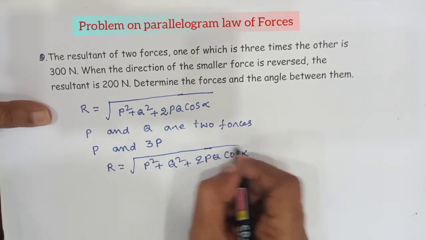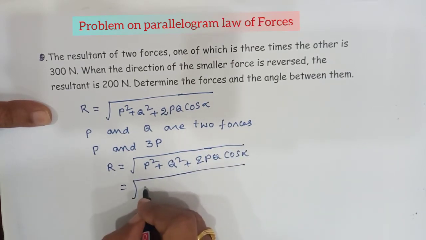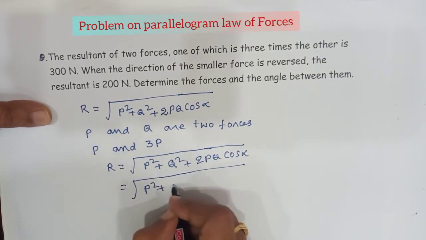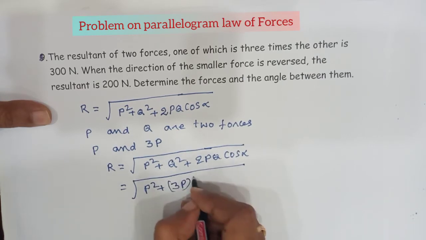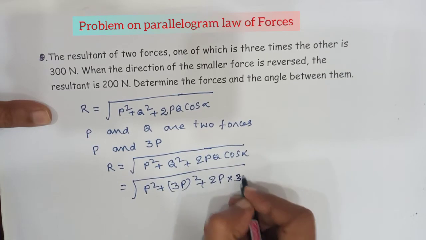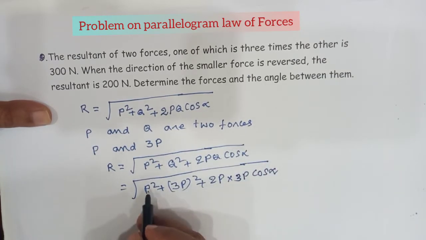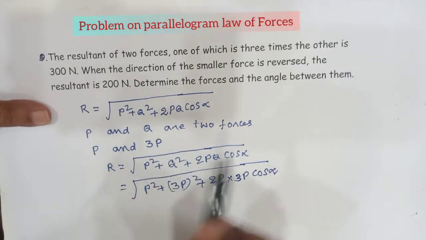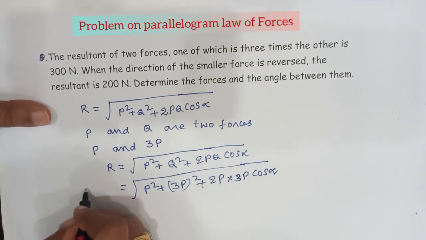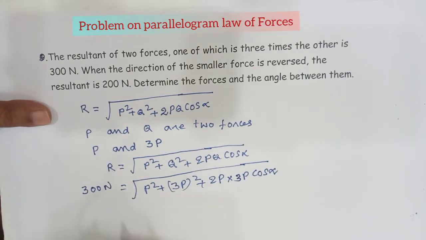This is the original formula. Here Q is to be replaced with 3P: P square plus 3P whole square plus 2 into P into 3P cos alpha. If one force is 3 times the other, then the resultant is 300 newtons.